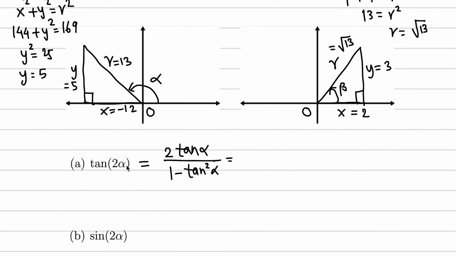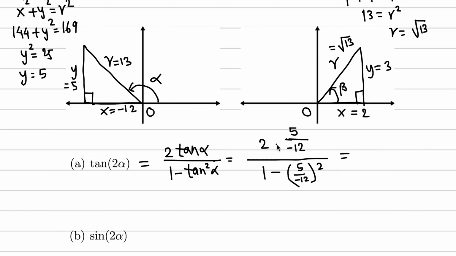So let's find tangent 2 alpha. From the formula list we have this. Now 2 times tangent alpha, so first triangle. Tangent is y over x, so 5 over negative 12. And 1 minus tangent alpha squared, by the way. Same thing, 5 over negative 12 squared.